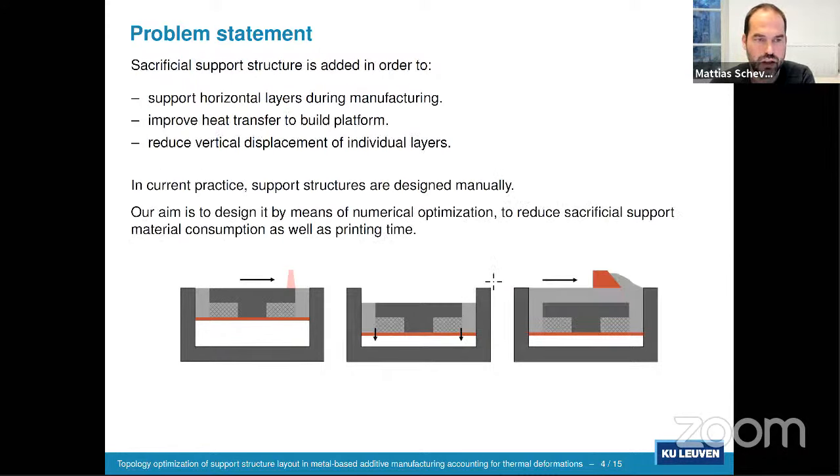In order to avoid that, support structure is added to the print. The support structure is sacrificial material. It's removed afterwards. And it serves at least three goals. First, it provides support for the horizontal layers or overhangs during manufacturing. So that's the first reason to include these supports.